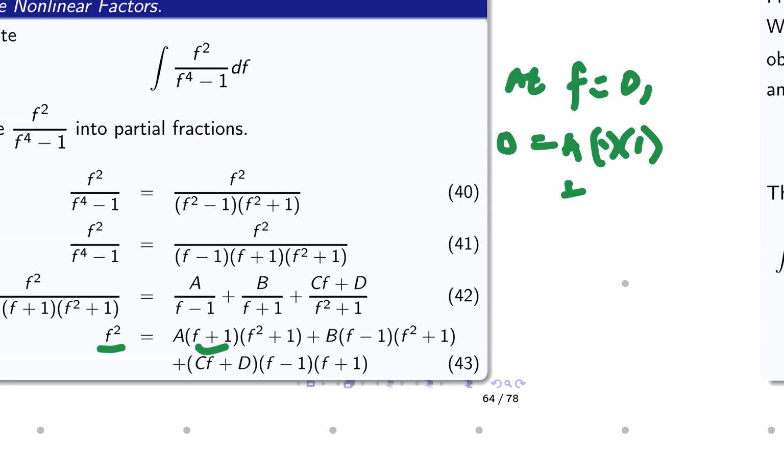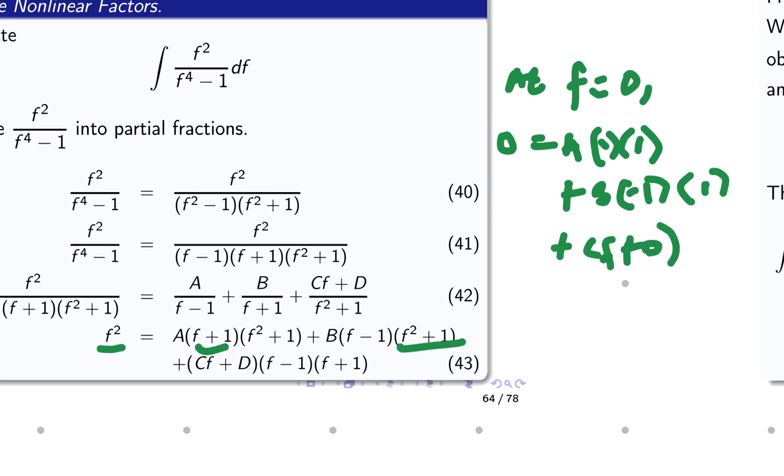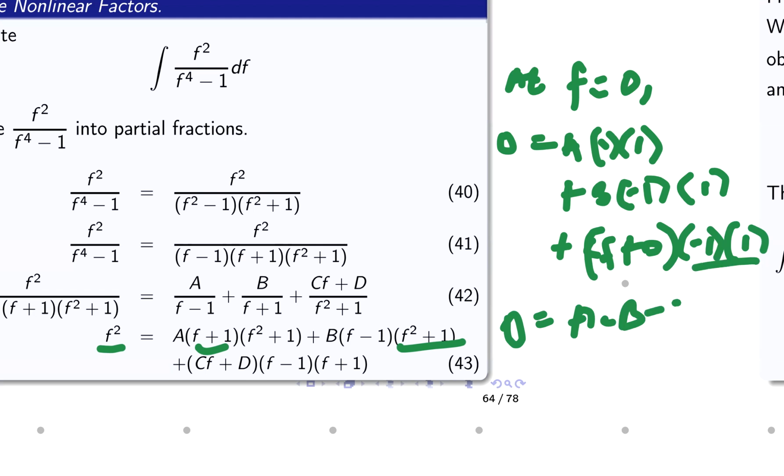Then here we have plus cf plus d into f minus 1, f plus 1, that's minus 1 into 1. So we tidy that up, we get 0 equals a minus b, plus cf plus d into minus 1, right? So that'll be minus cf minus d. But we already know a and b. A and b are 1 over 4 and minus 1 over 4 respectively.